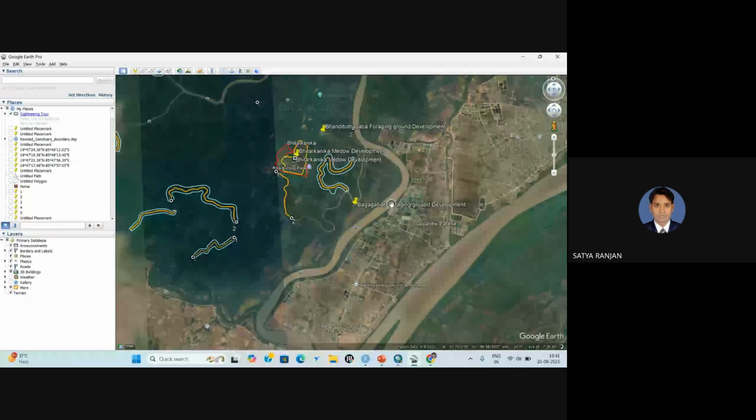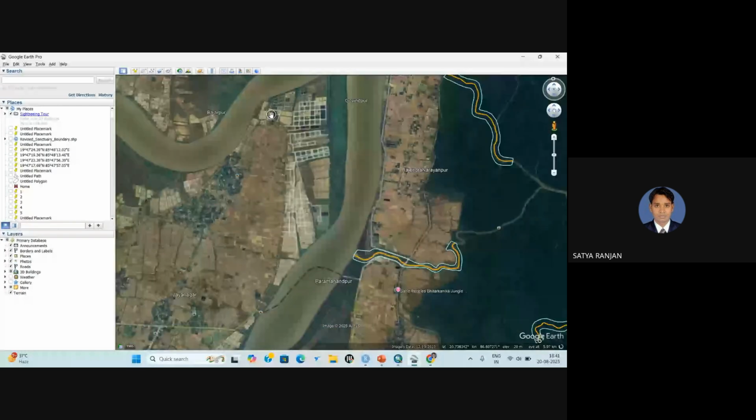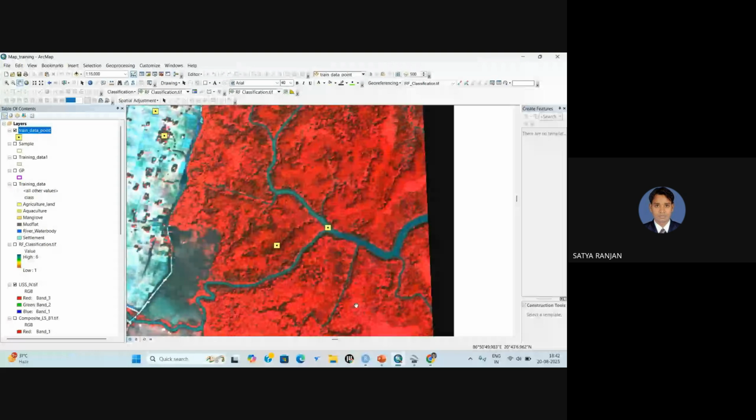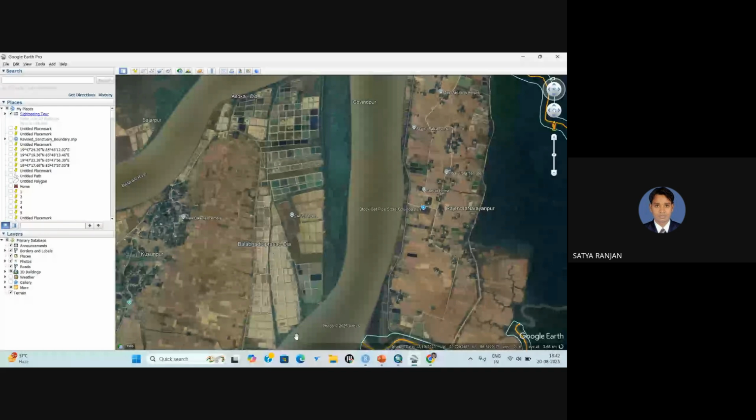This is the mangrove forest of the Bhitarkanika National Park, and this area is the mangrove forest. In our image, it is a false color satellite image, due to the infrared bands. The mangrove reflects more. That's why it is easily distinguished. In this area, there are a lot of aquaculture ponds.